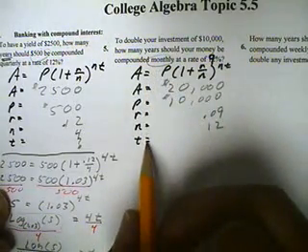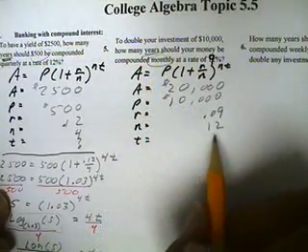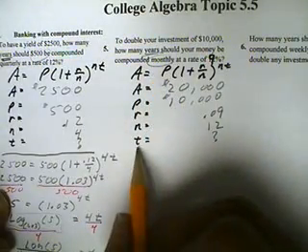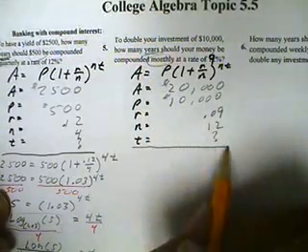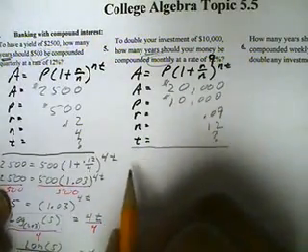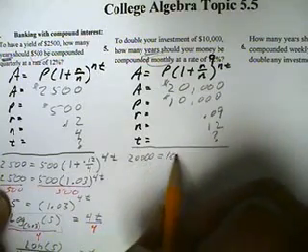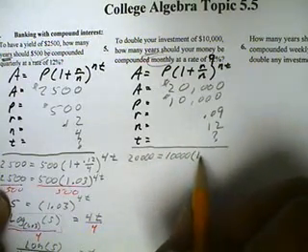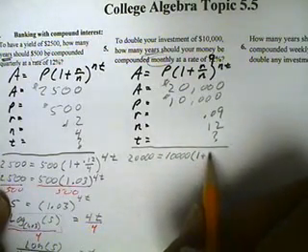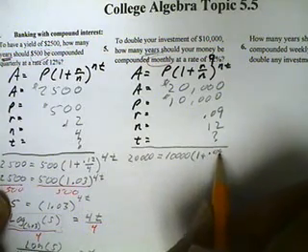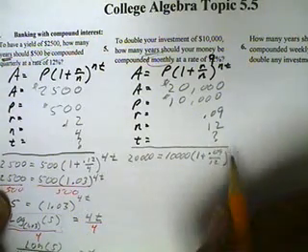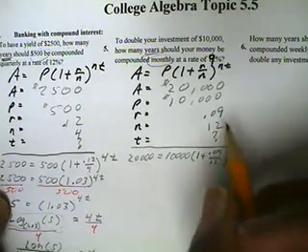And we're looking for time, or how many years, so this will be the value that we're looking for. Alright, so we'll put all the pieces in. The 20,000 equals 10,000 times the base of 1 plus 0.09 divided by 12, all to the power of 12t.